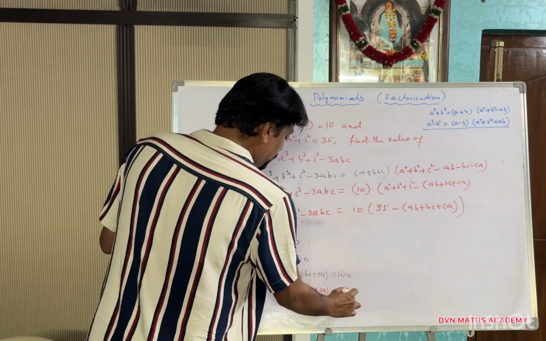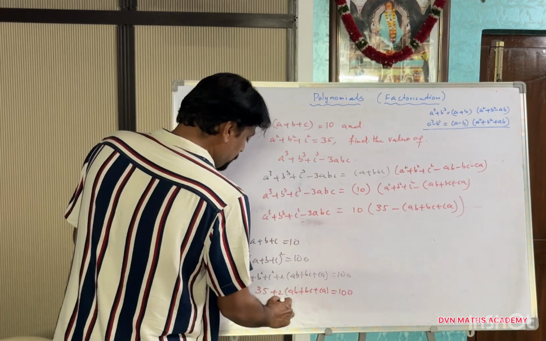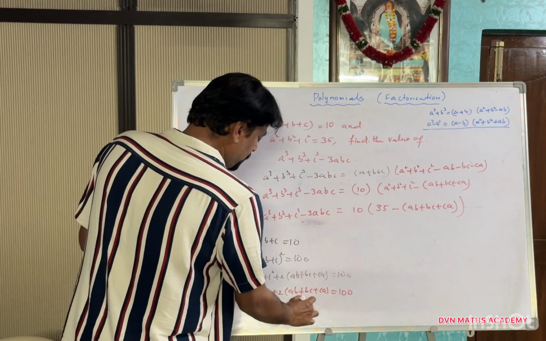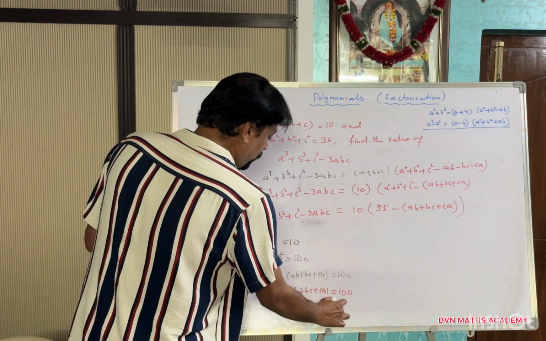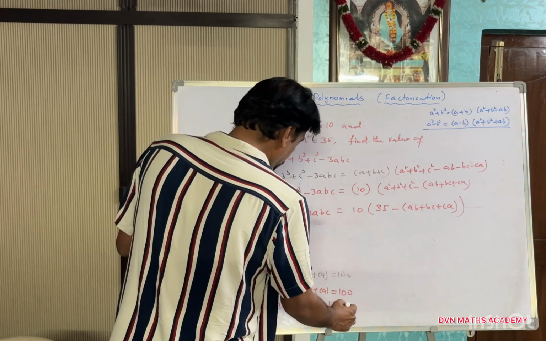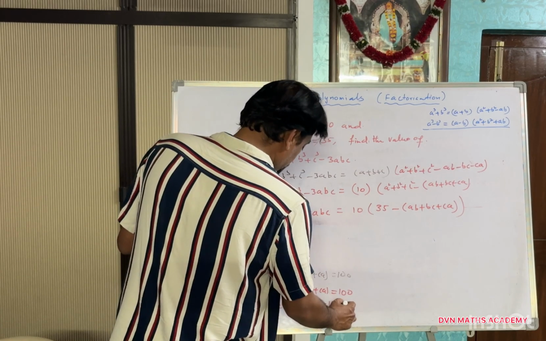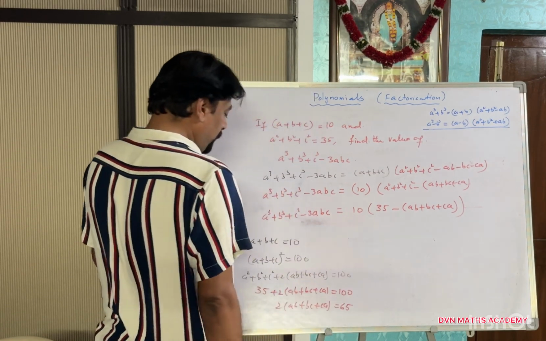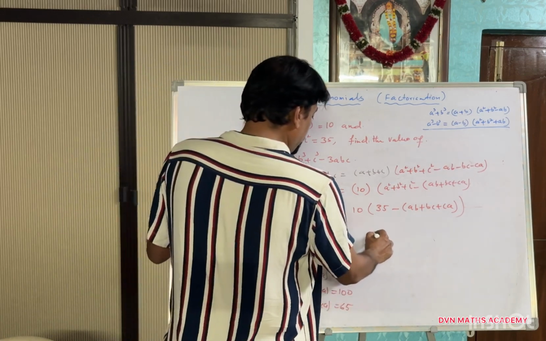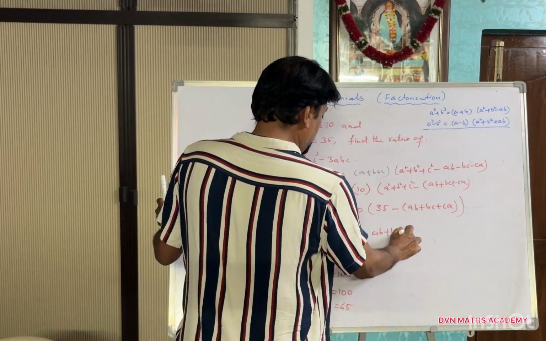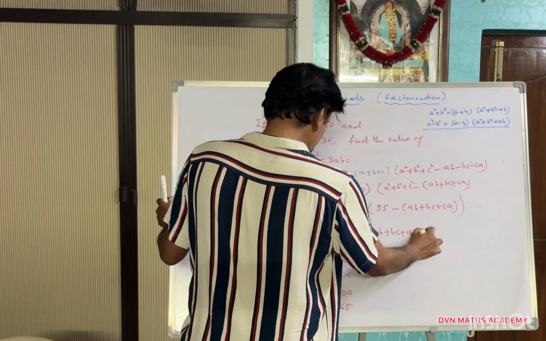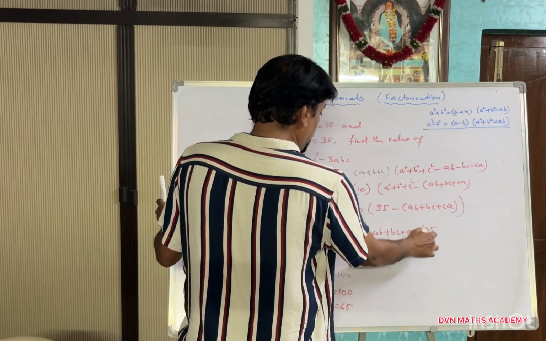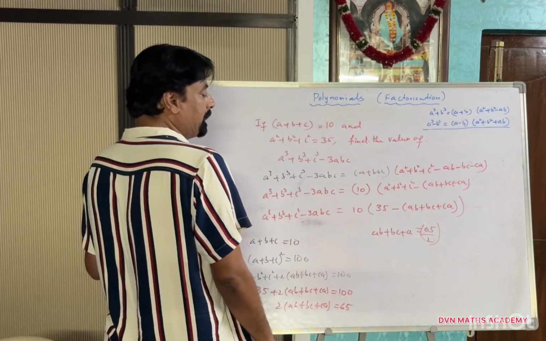This 100 is given. So 2 of AB plus BC plus CA is equal to 100 minus 35, which becomes 65. Now AB plus BC plus CA is equal to 65 by 2. So this is the value of AB plus BC plus CA.